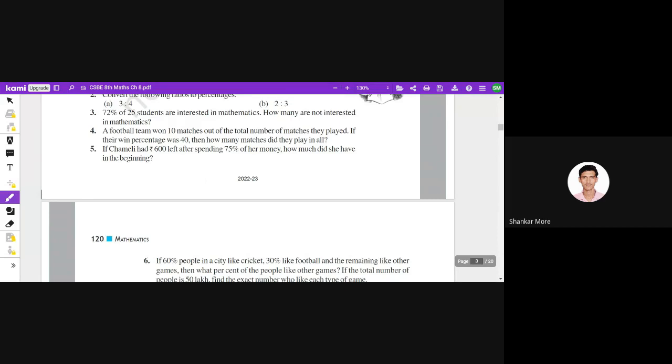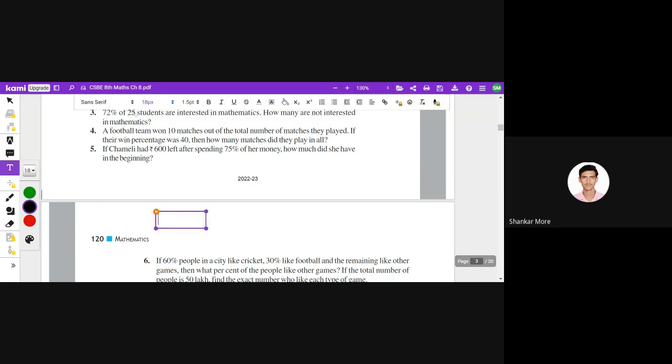See, 25% of x is, let me just write it here for you so that you can calculate that on your own. 25% of x is 600. तो अगर मुझे x की वैल्यू फाइंड आउट करनी है, so x is going to be equal to 600 multiplied with 25 and divided by 100.